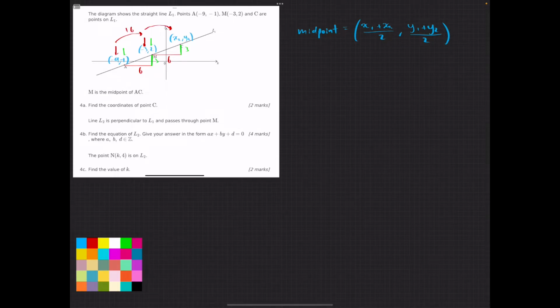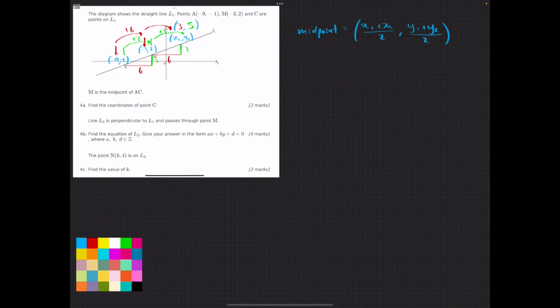To get to C, we need to go another 6 to the right. So -3 plus 6 takes us to +3. Similarly, at y = -1, we need to go up 3 to get to 2, which takes us halfway there. We need to go another 3 to get to the endpoint. So 2 plus 3 gives us 5.